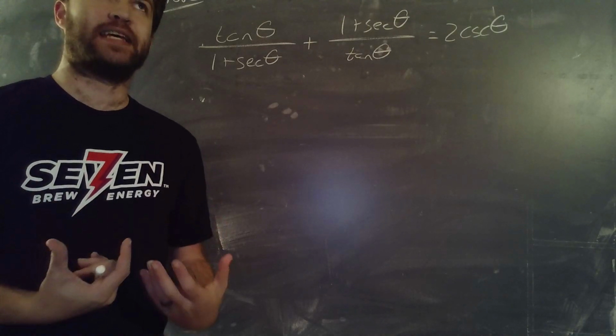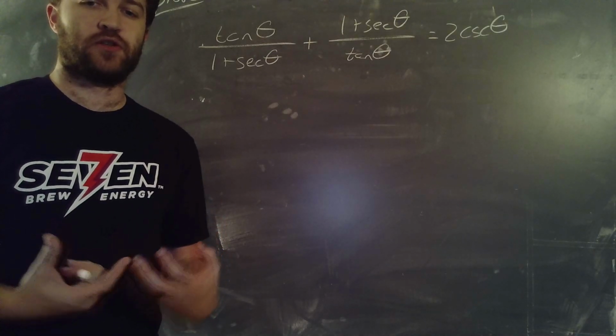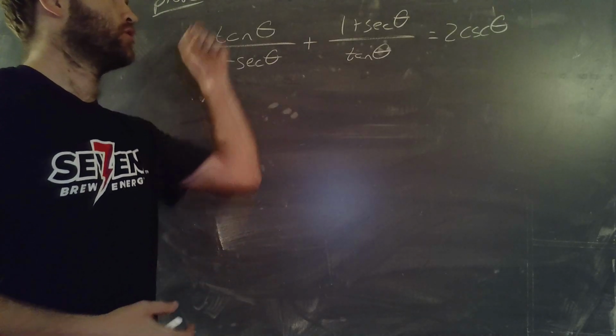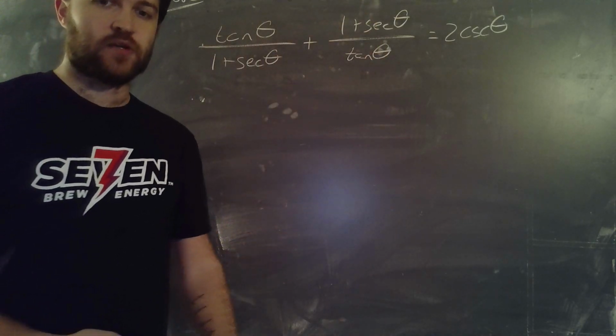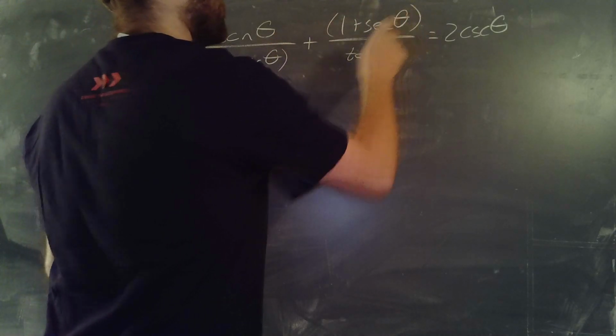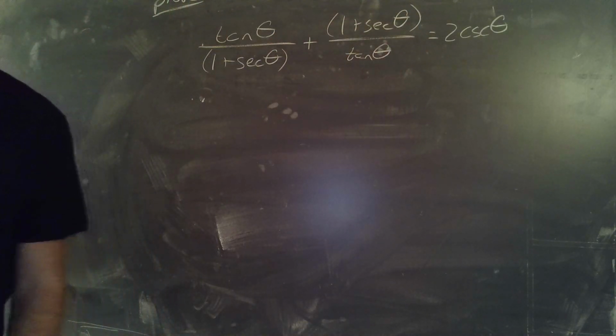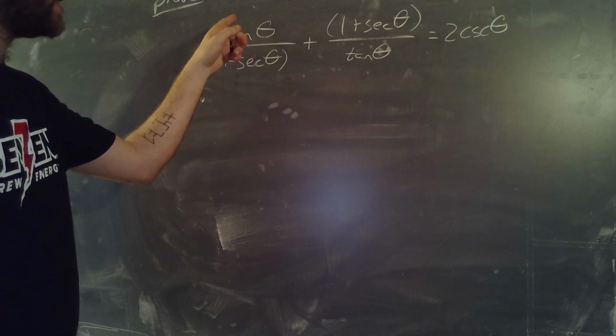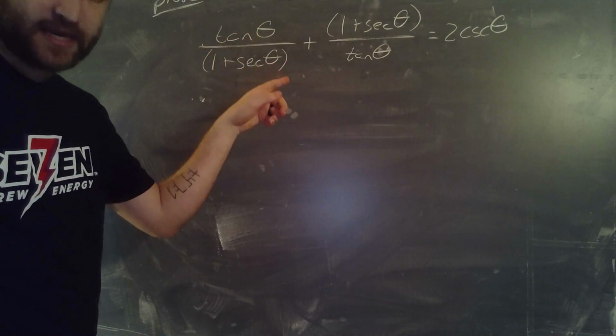But the point is, I want you to have a procedure that quickly computes the common denominator for trig ratios like this. So what we're going to do is we're going to pretend like any terms in a fraction that contain a plus or a minus. Okay. So tangent doesn't contain a plus or a minus, but 1 plus secant does.